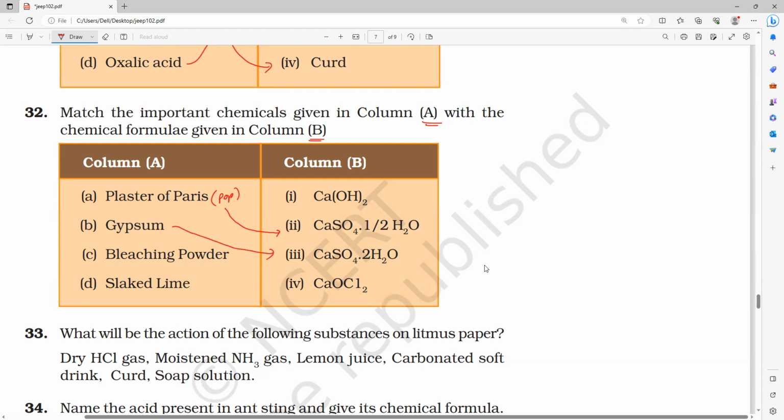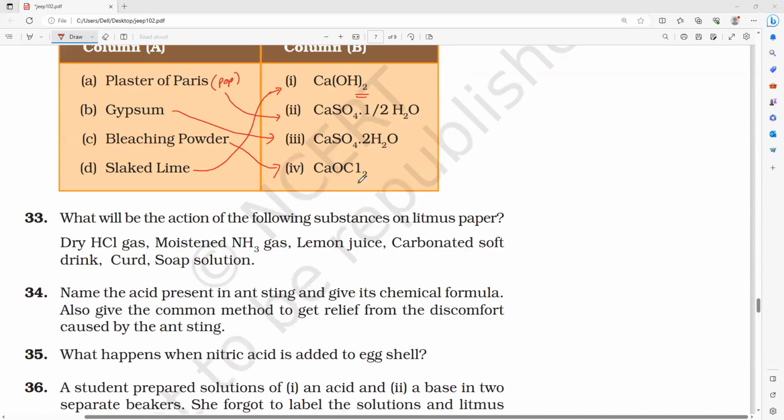Next, bleaching powder, CaOCl2, calcium oxychloride. Slaked lime we call as what, everybody? Calcium hydroxide. So please learn the formulas perfectly. If you don't know the formula, nothing happens.